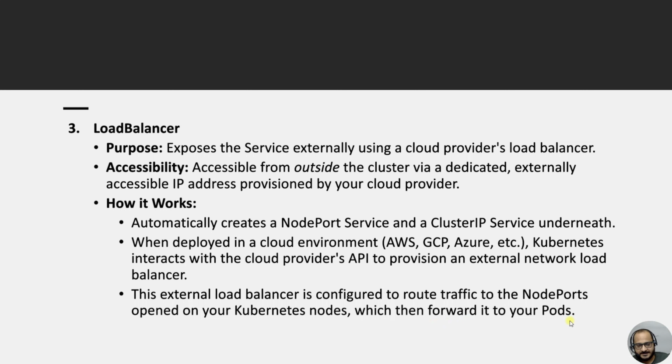So suppose we have enabled public access for our application. Whenever the user hits it, the request first goes to the load balancer. From the load balancer, it routes to a particular Kubernetes cluster node port. Then from the node port, it goes to our application port.